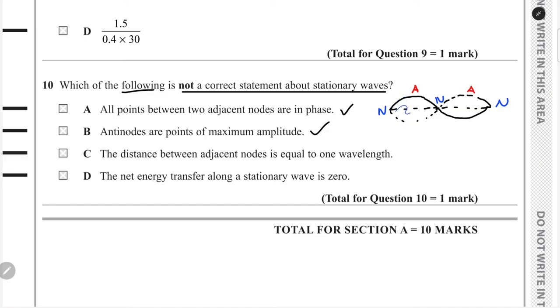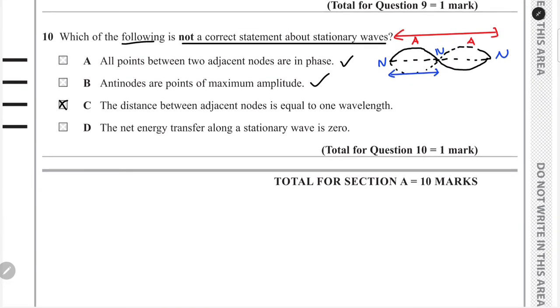Over here, the distance between adjacent nodes will be this distance. If I look closely, this is half a wavelength, not a full wavelength. This whole length is 1 wavelength, and this blue one is half of that. So the distance between adjacent nodes is equal to half a wavelength. So this given option is wrong, so this is the answer.